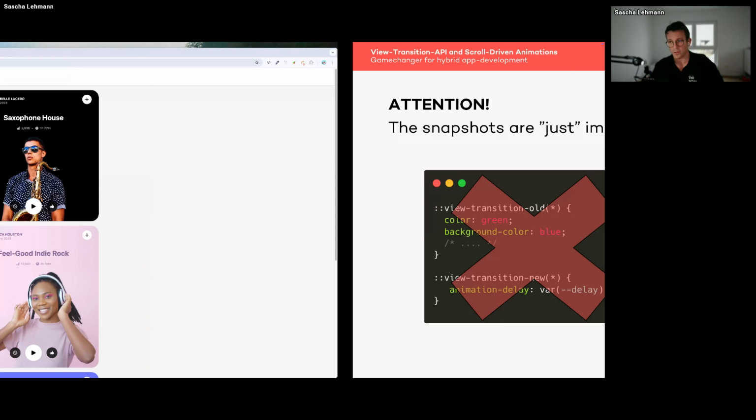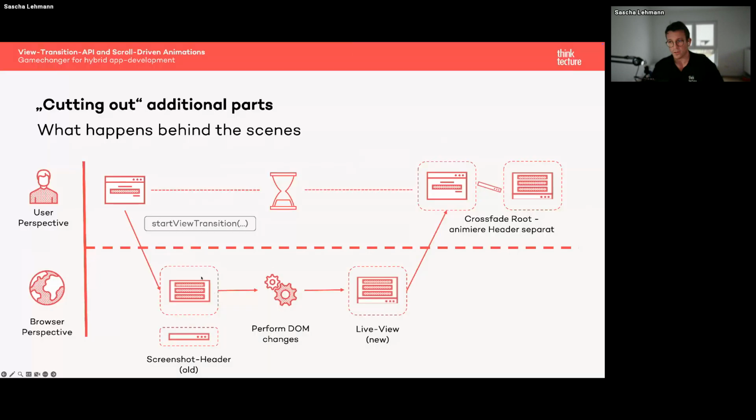For this case, the view transition API also has our back, because in this example I want to animate a header separately. And with the help of just one CSS property, we can tell the browser that it should cut out or take a separate screenshot of a certain part within our view.